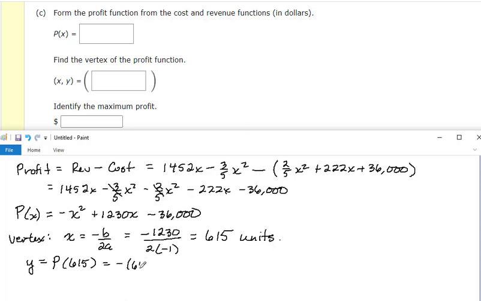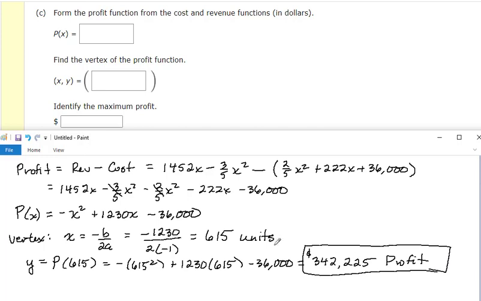Negative 615 squared plus 1230 times 615 minus 36,000 gives me 342,225. So the x-coordinate is the units and the y-coordinate is the dollars profit that we can expect.